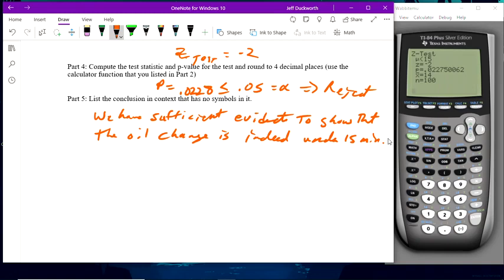Something like that. Now, if you're not going to state the conclusion up here, then state it in your conclusion as well, because our p-value is less than our significance level, we reject, that sort of thing.